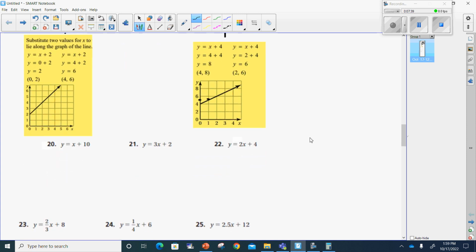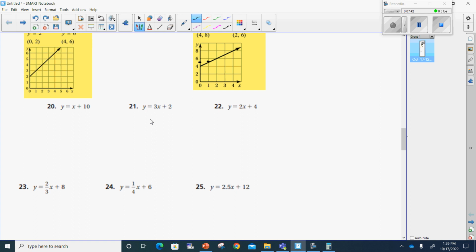All right? Number 21. This time, we're going to go up by 3 and over 1. So I think we're going to have to move this again. Hold on a second. Maybe not. Okay. I don't see where they did that here. So if we were doing this graph, I know it's 3 and over 1. So I'm going to put this as 1. Well, we've got a 2 over here.